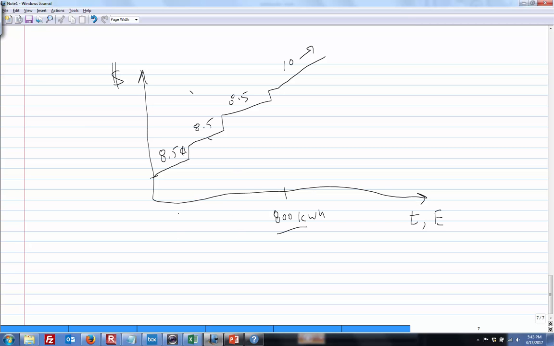So for each chunk, I'm basically doing a little finite difference method.